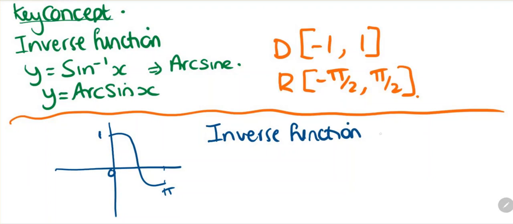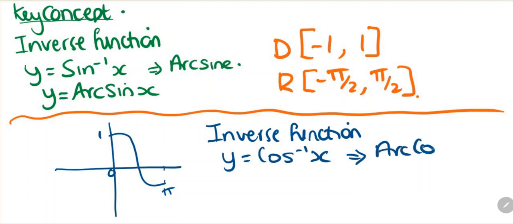So for cosine, the inverse function: we've got the inverse component, y is equal to cosine to the -1 of x, and this can be referred to as arc cosine, and we can also write it as arc cos of x.